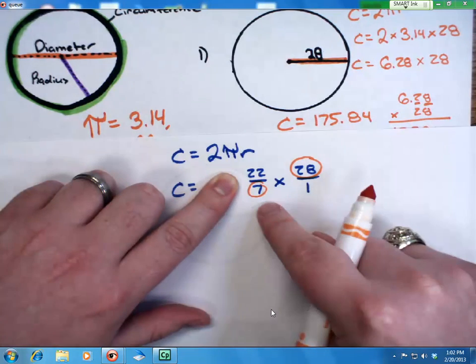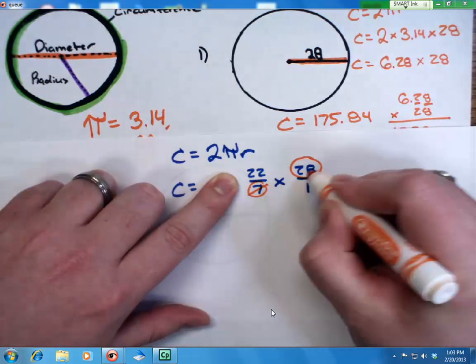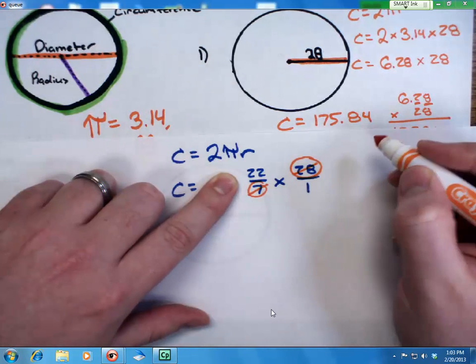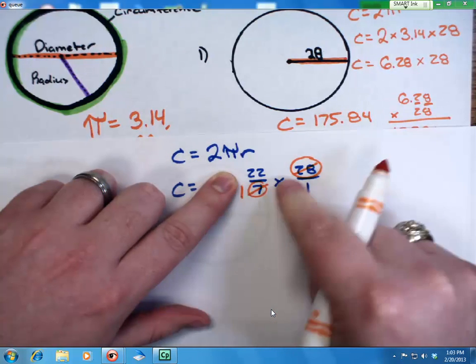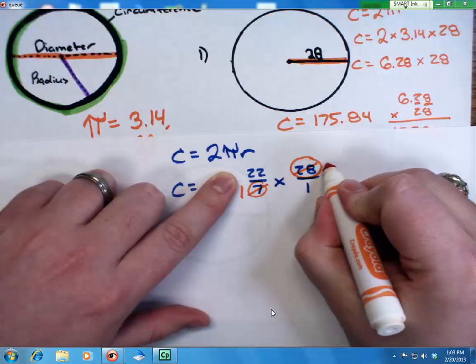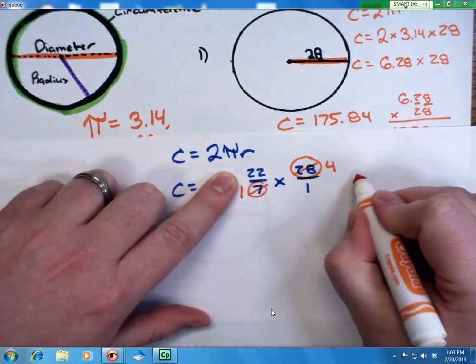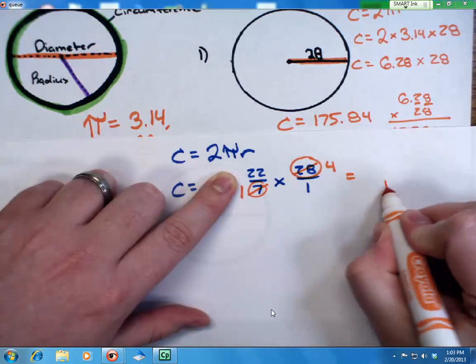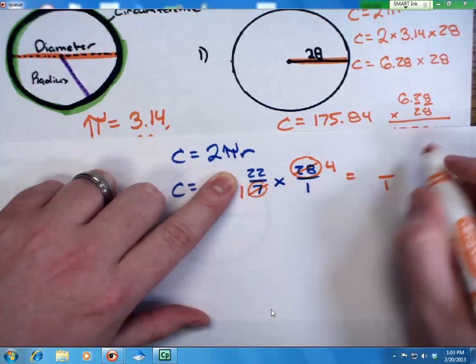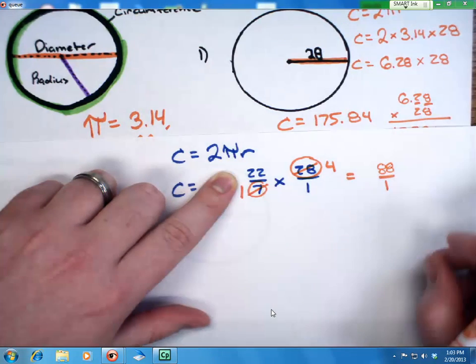And 7 can go into both 7 and 28, so I can reduce those. 7 goes into 7 one time, and 7 goes into 28 4 times. Okay, so now I can multiply those out, which gives me 1 times 1, obviously 1, and 22 times 4 is 88. So I end up with 88 over 1.